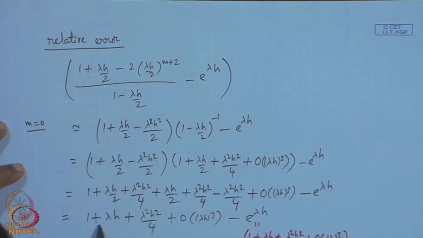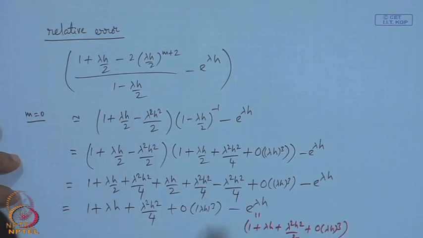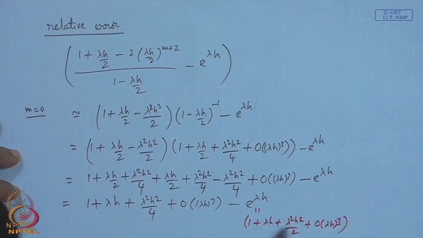So, if you see minus gets cancelled, this gets cancelled, and you get minus 1/4.